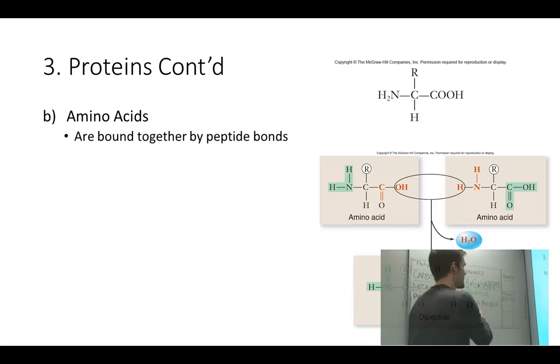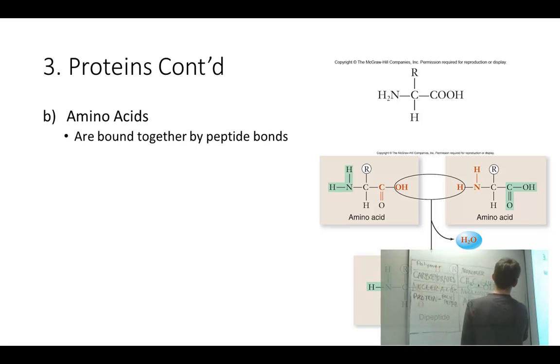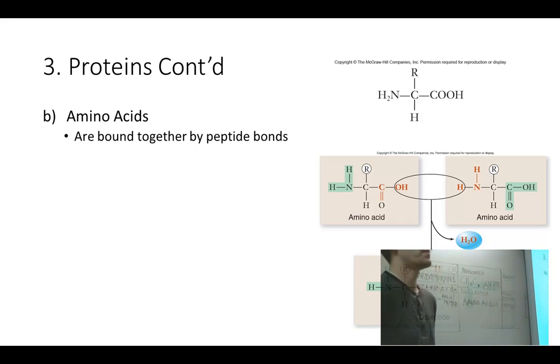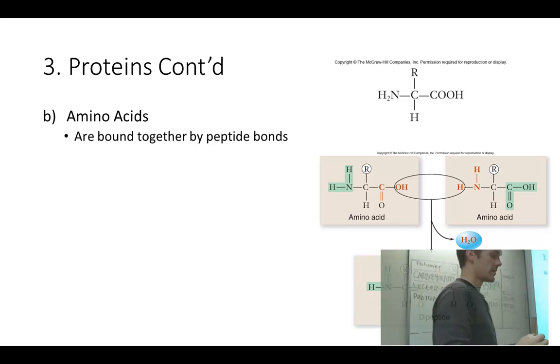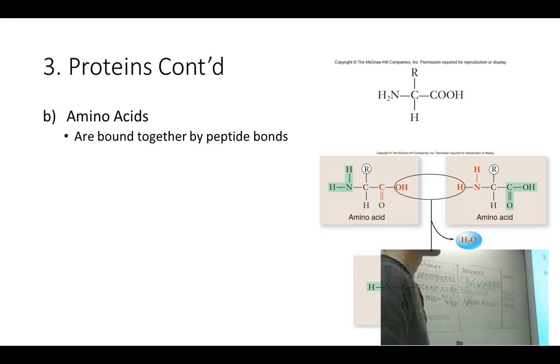The bonds between amino acids are called peptide bonds, which is why it's also called a polypeptide. Poly means many, so you have many of these peptide bonds.